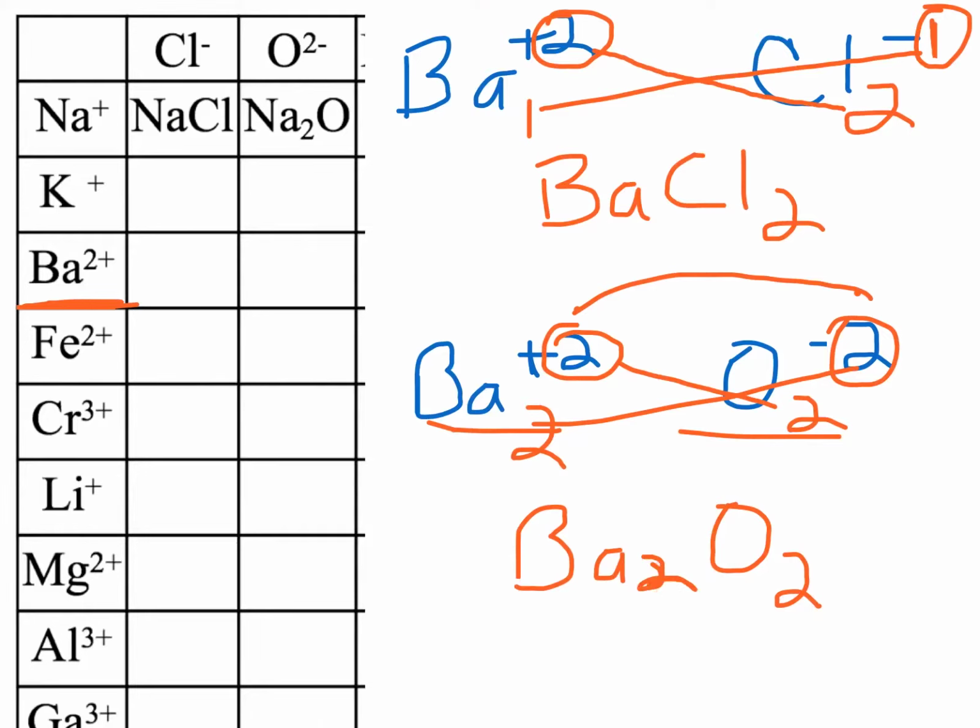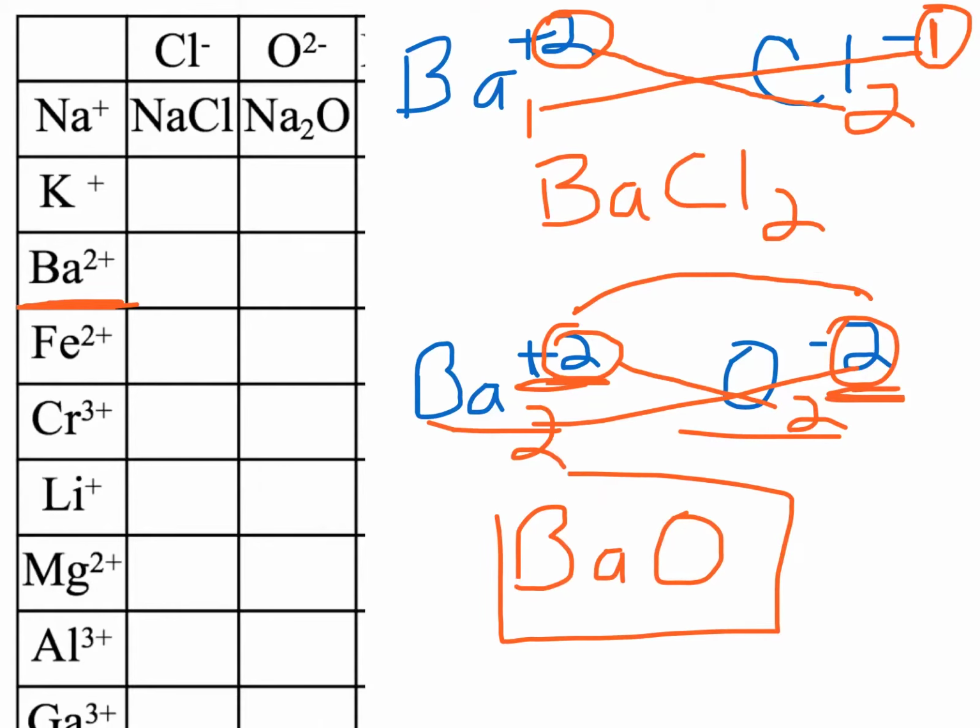And so because we only needed one of each, our answer is BaO, because we only needed one of each and they canceled each other out. So always look for the lowest whole number ratio of those coefficients. So it's not Ba2O2, it is BaO.